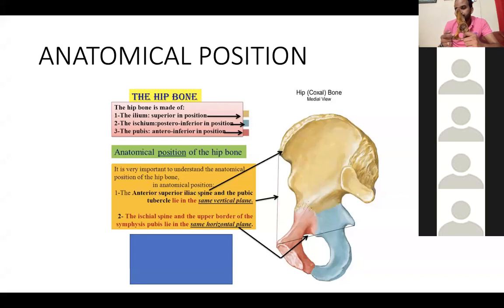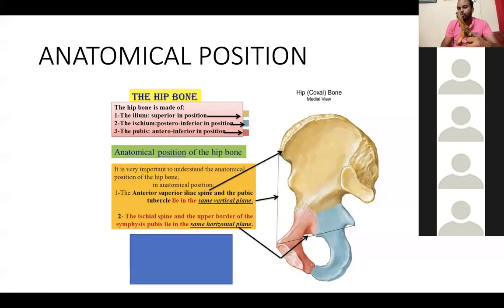Number two is the ischial spine and the upper border of the symphysis pubis, or pubic symphysis, which lie in the same horizontal plane like this. This is the ischial spine. This ischial spine and the pubic symphysis have to lie in the same horizontal plane.